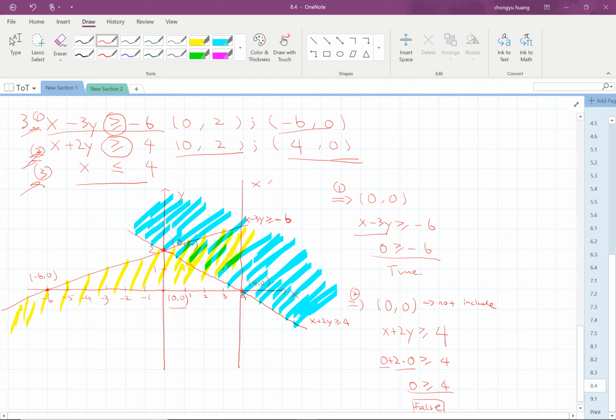This line is on x equal to 4, and since it's less than or equal to, the line will be included. That's why we draw a solid line over here.